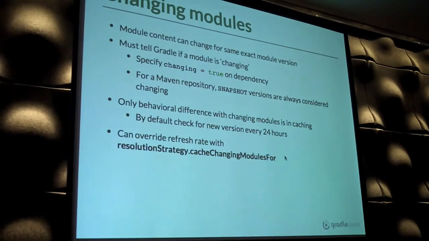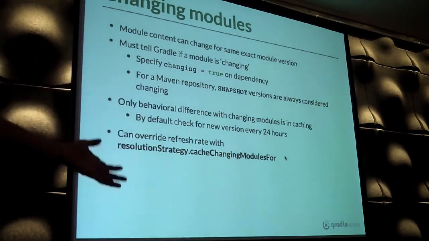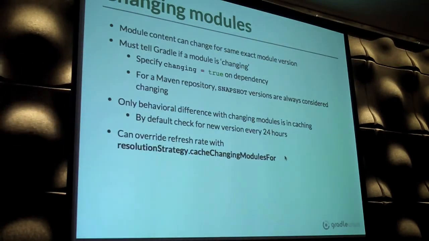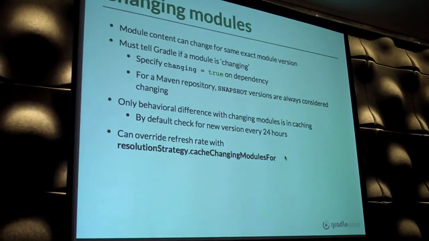It's not a public format. We don't say this is how it's laid out and we're never going to change it. It is strictly an optimization. The reason it's important to understand it is for things like, we haven't yet implemented automatic cache cleanup. So if you want to clean your cache, it's important to understand the current layout, and I say it hasn't changed since 1.0, so it allows you to feel fairly comfortable that if you spend half an hour writing a script to do that, you're not going to have to redo it every single time Gradle's released.